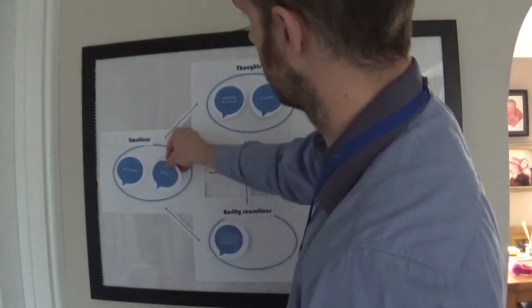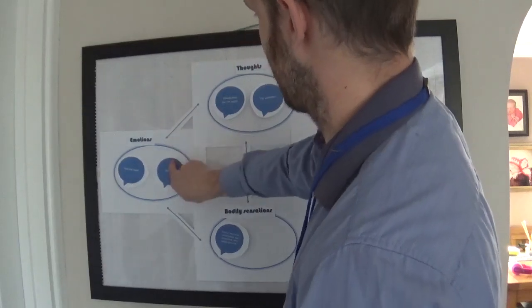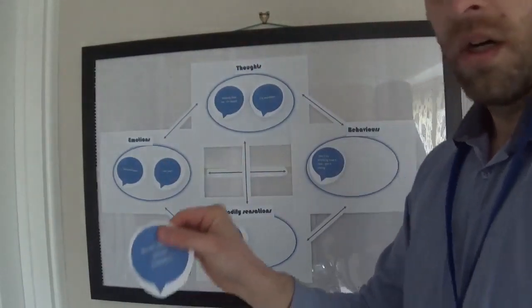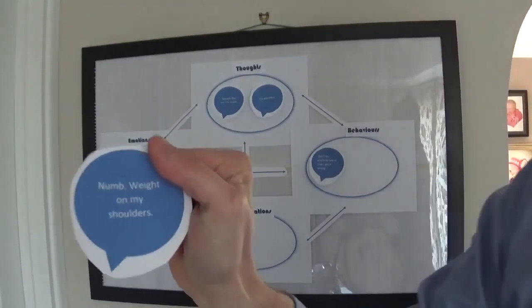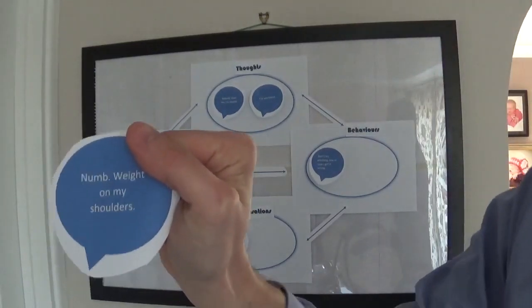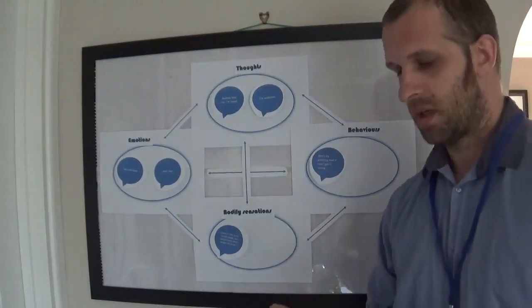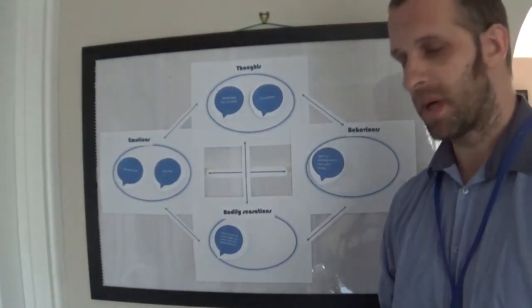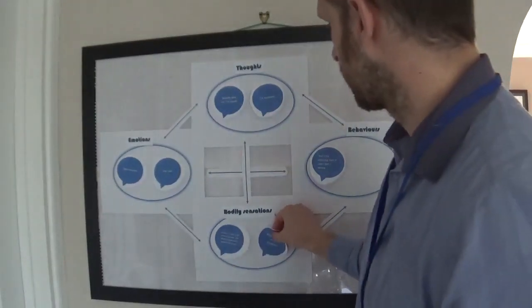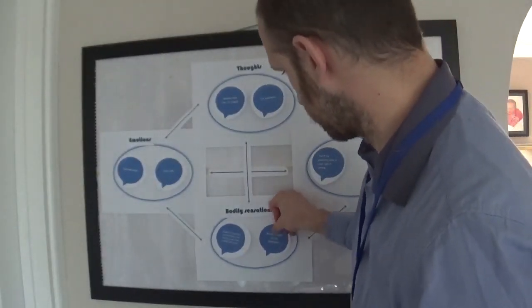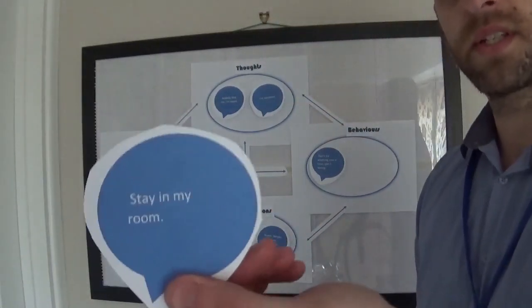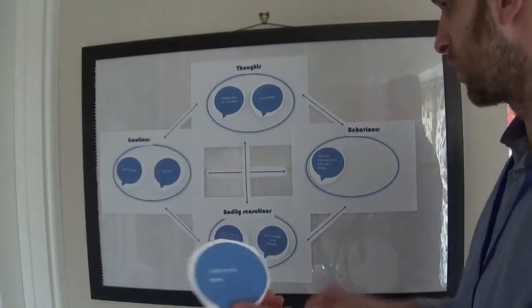Emotions. This one, numb or with a weight on your shoulders. I've heard that a lot, the people who are feeling low and depressed, as though there's weight bearing on their shoulders and they feel numb, they don't really feel anything. And as a result of this, the behaviour is, I stay in my room.